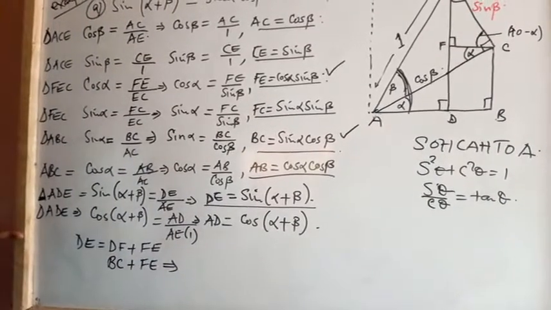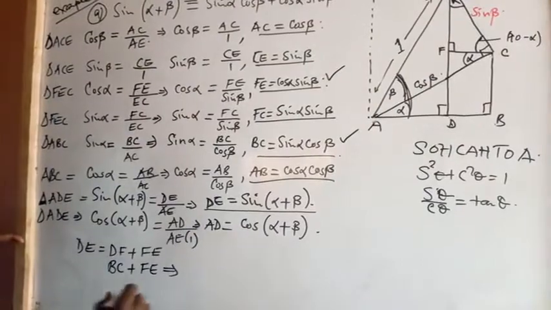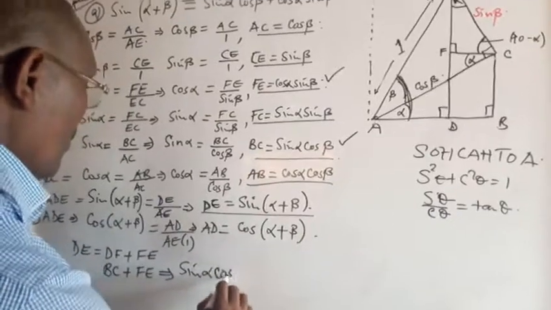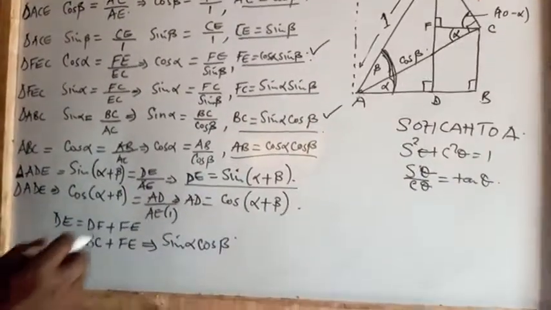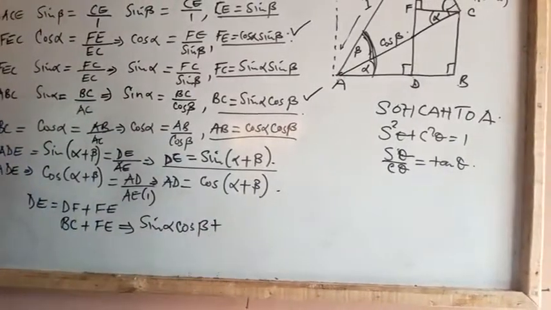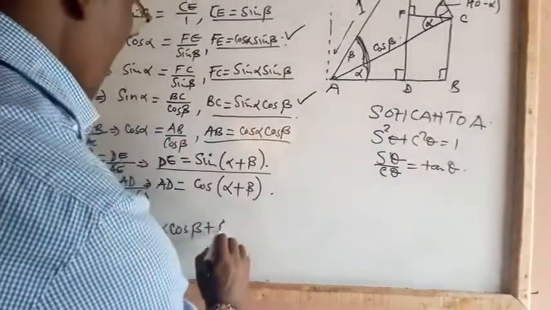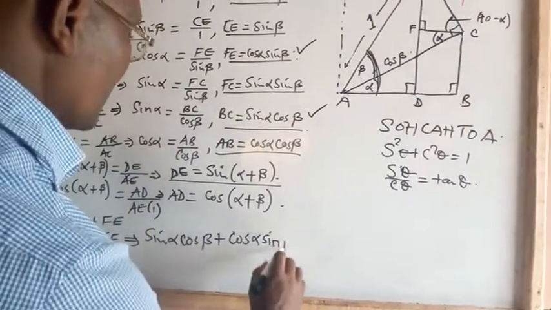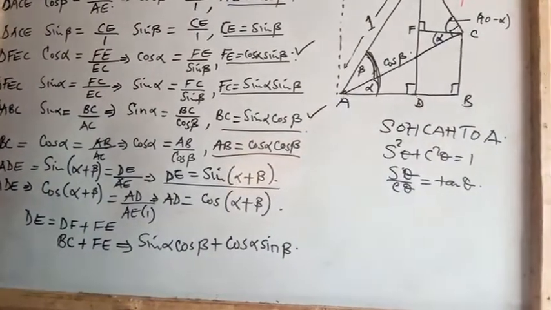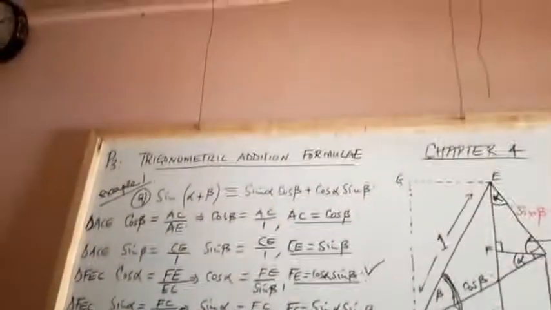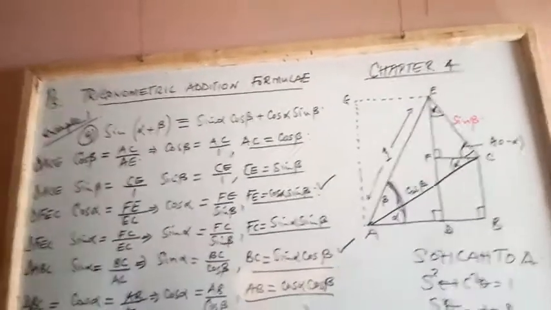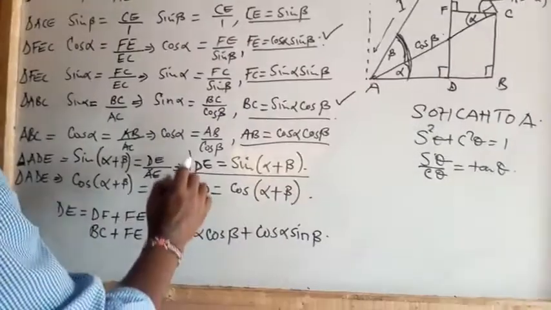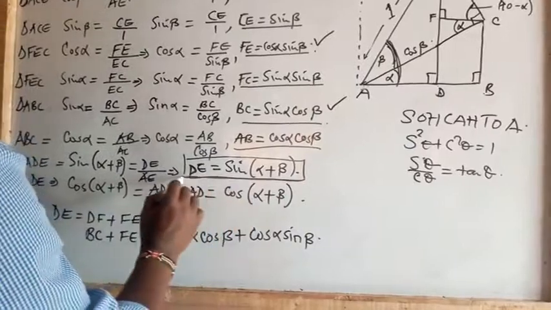In our narration, our BC is sine alpha cos beta, plus FE, which is cos alpha sine beta. Now, I want us to go back to what we are supposed to prove. This is our DE, which is very crucial.